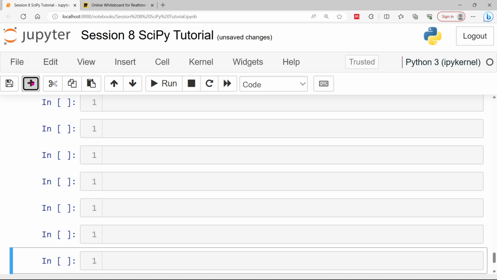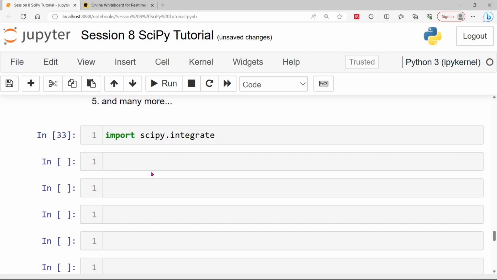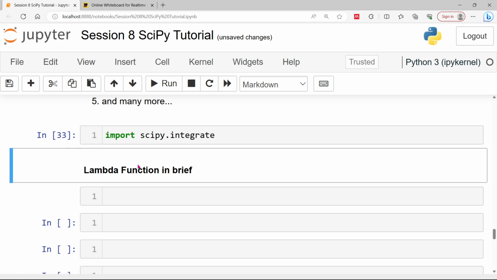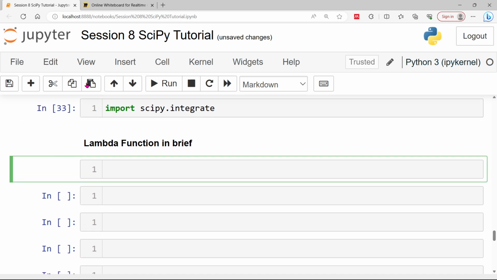For this integration, we will be using a lambda function. Let me copy this part and go down. Here we will use a lambda function in brief. What is a lambda function? Suppose I have f equal to lambda x: x double asterisk 2.